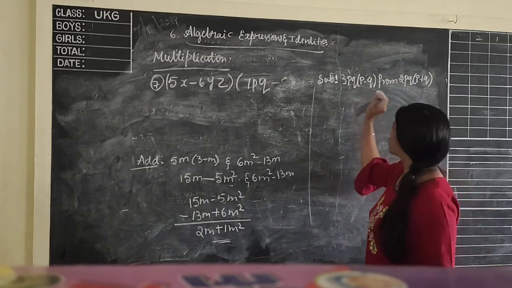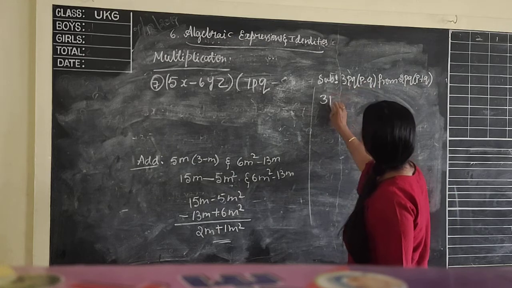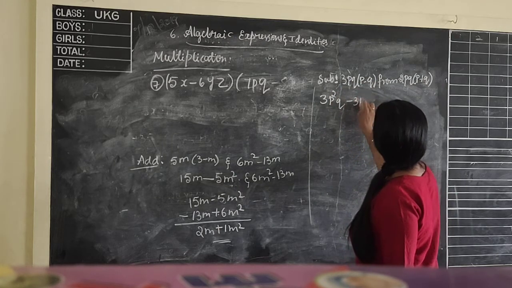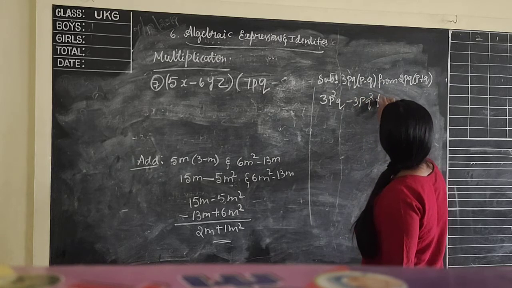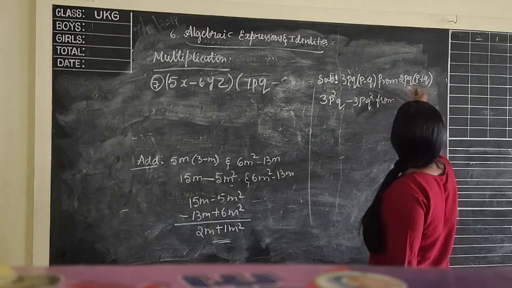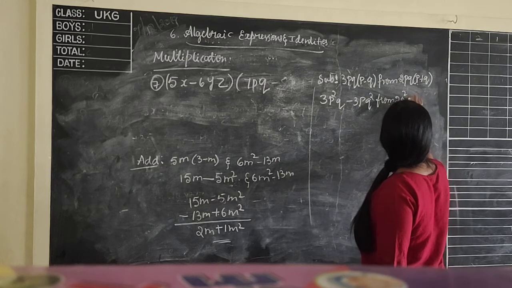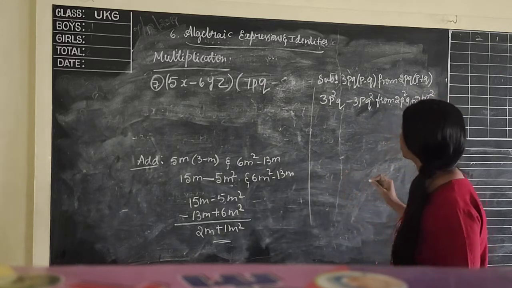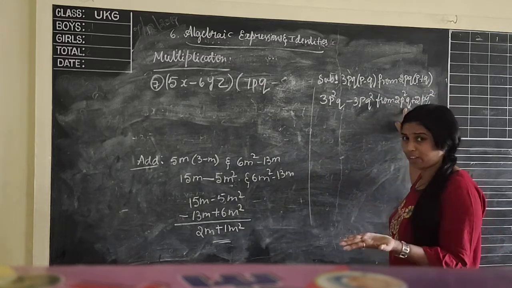First multiply. Subtract 3 p square q minus 3 pq square from 2 p square q plus 2 pq square. Okay. Now from is this second one first.